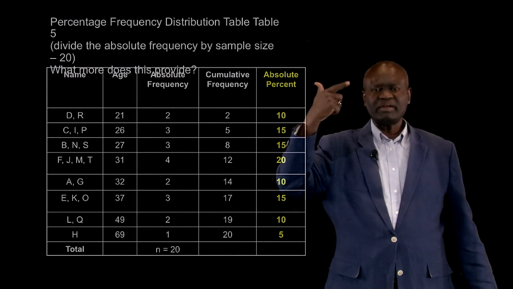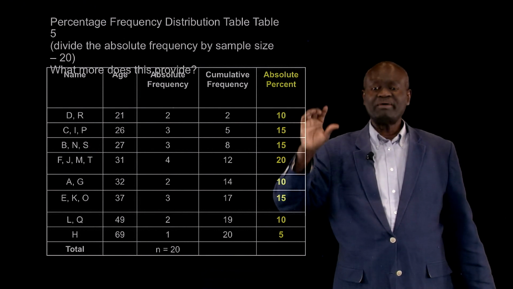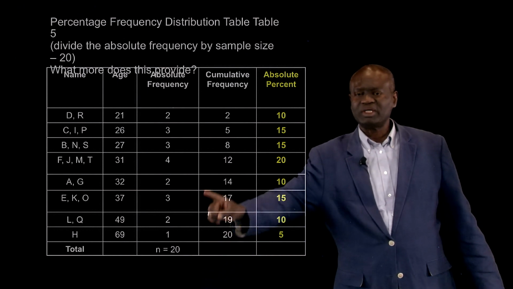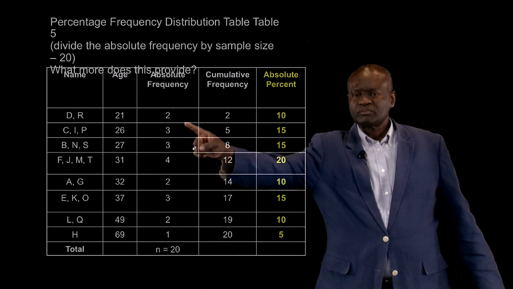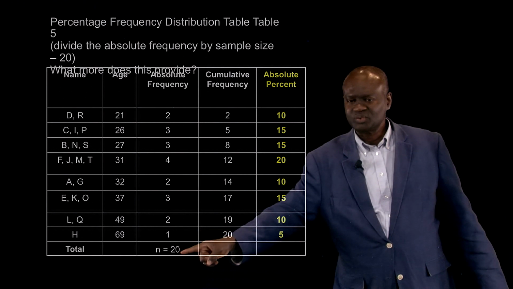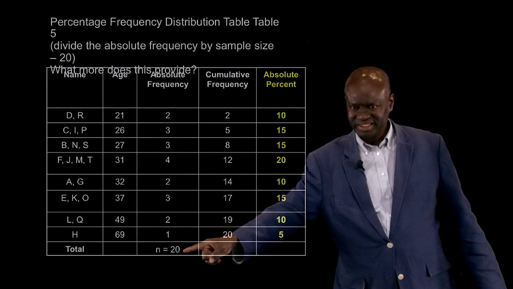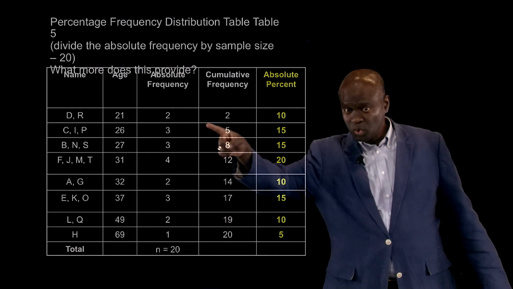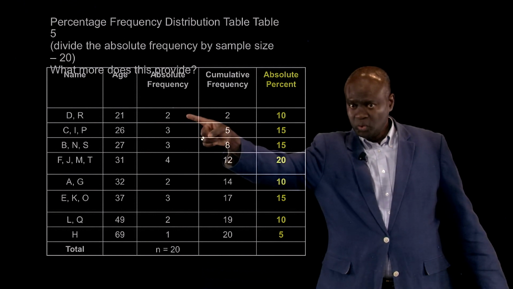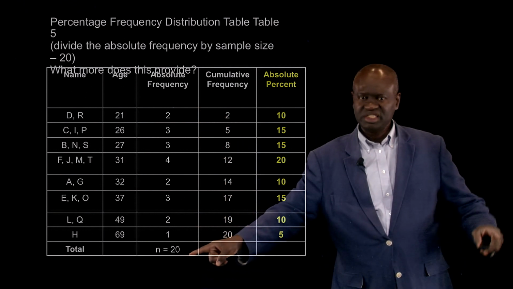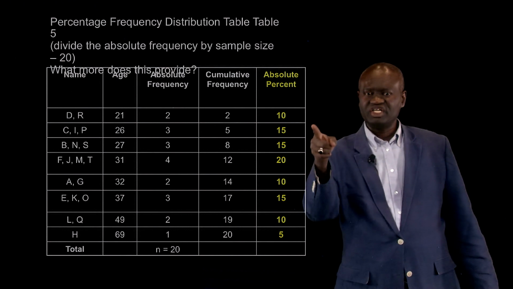So we multiply by 100, but we divide it by the total number of 20. So what we have is 2 out of 20, 2 divided by 20. Out of these 20, we have 2. So 2 divided by 20 multiplied by 100. It will give us 10.